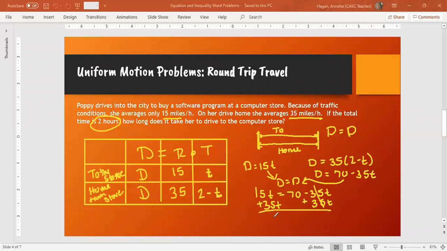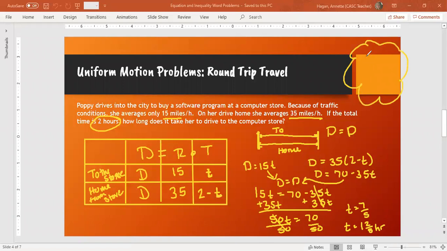This cancels, and I get 50T equals 70. I'm going to divide each side by 50, and I get T equals 7/5, which is T equals 1 2/5 of an hour. Let's see what that actually is in real time.